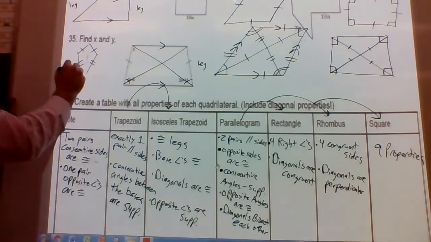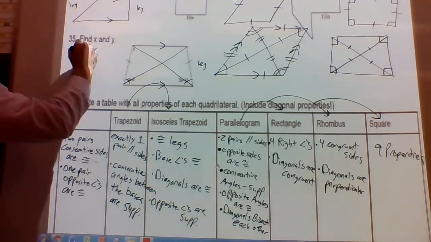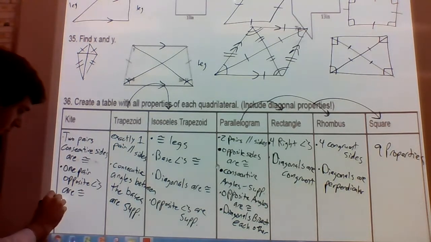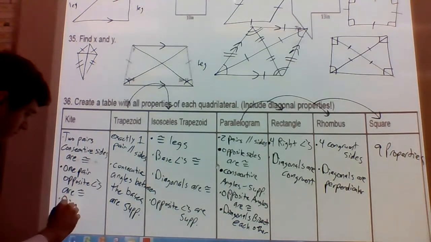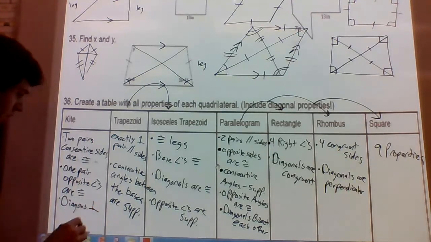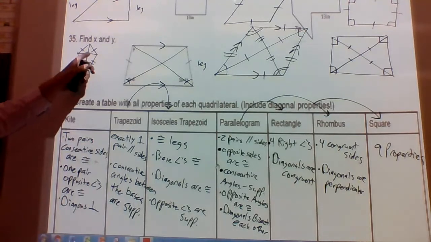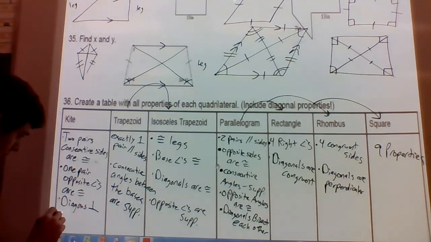The diagonals are perpendicular. One diagonal is bisected.